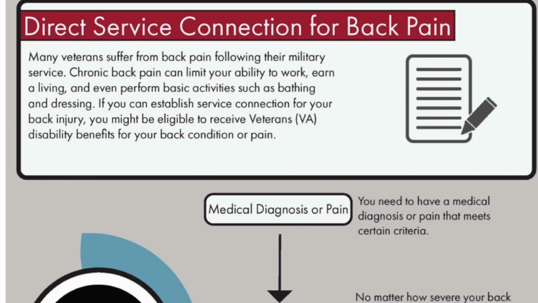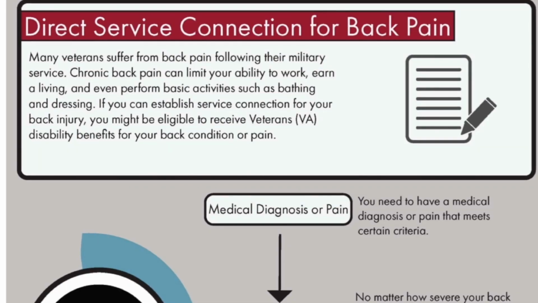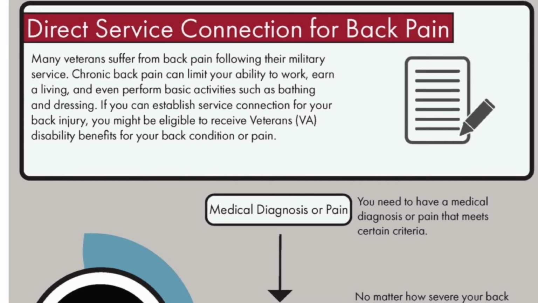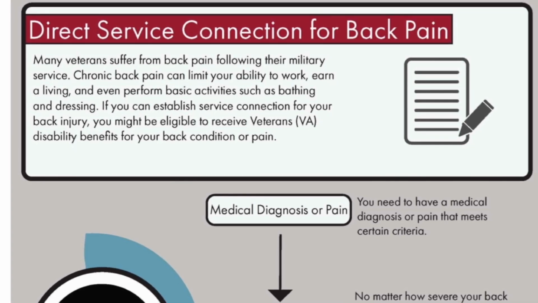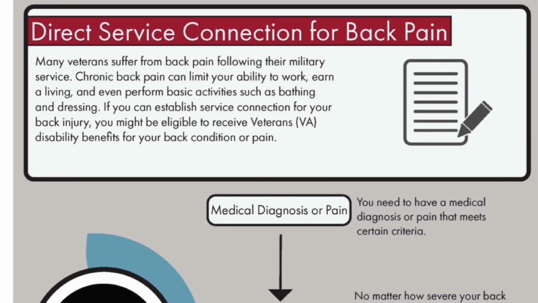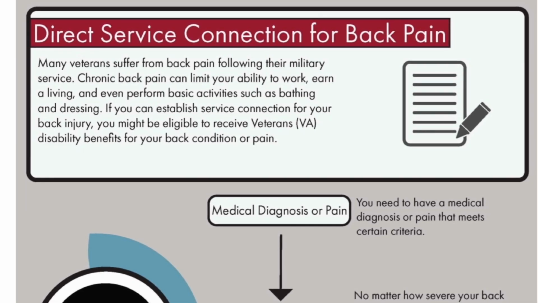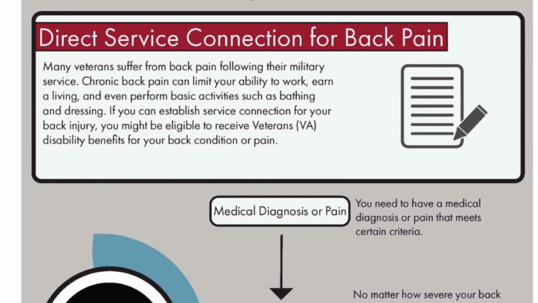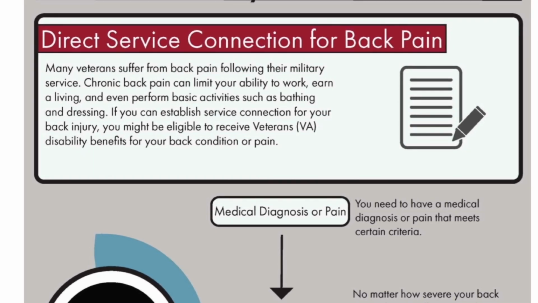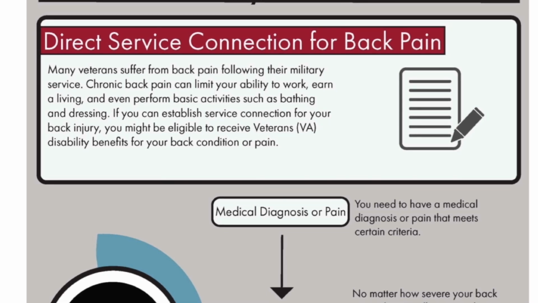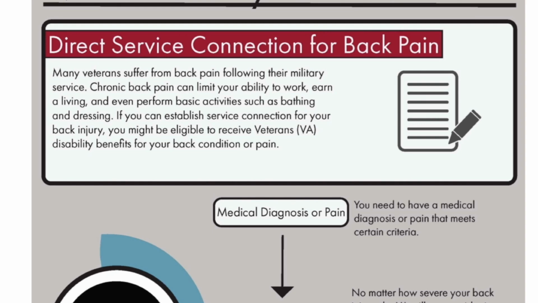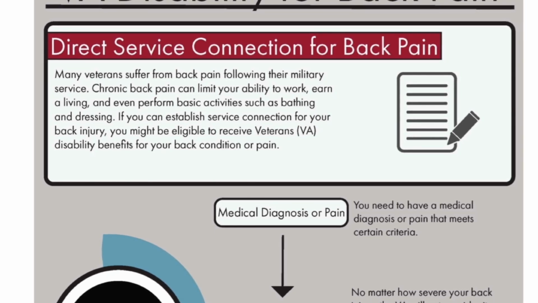This is a direct service connection for back pain example. I'm not going to read it all. Again, you can screenshot this and check it out, but you need a medical diagnosis or pain. You don't need a medical diagnosis of pain, by the way. And the little marker next to that says meet certain criteria. That criteria is in the CFR, the Code of Federal Regulations, the Schedule of Rating Disabilities.